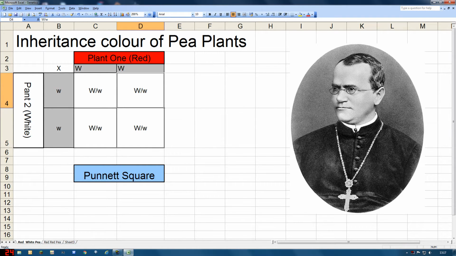So in each of the four squares we have possible outcomes of the pairing of the two parent plants. Here we can see that we now have a heterozygous offspring, in that it contains two different alleles.